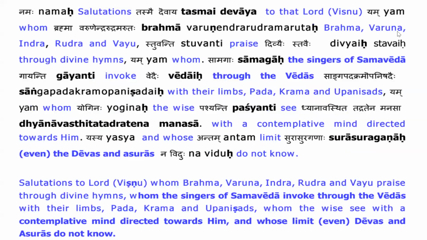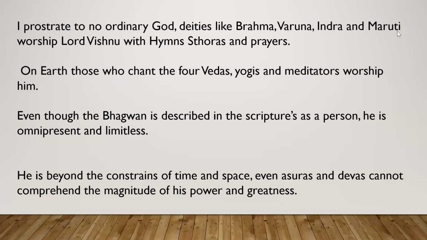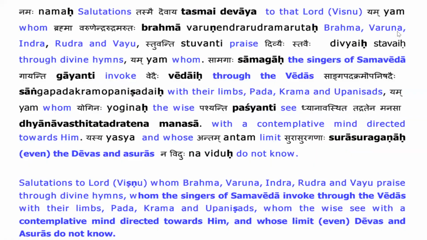This Dhyana Slokam is basically salutations to the Lord. They're talking about Vishnu, who is the greatest deity, and Brahma, Varuna, Indra, Rudra, Vayu, everybody praises Vishnu through divine hymns, through prayers, through meditation, everything. And also the Sama Veda is invoked through the Vedas.